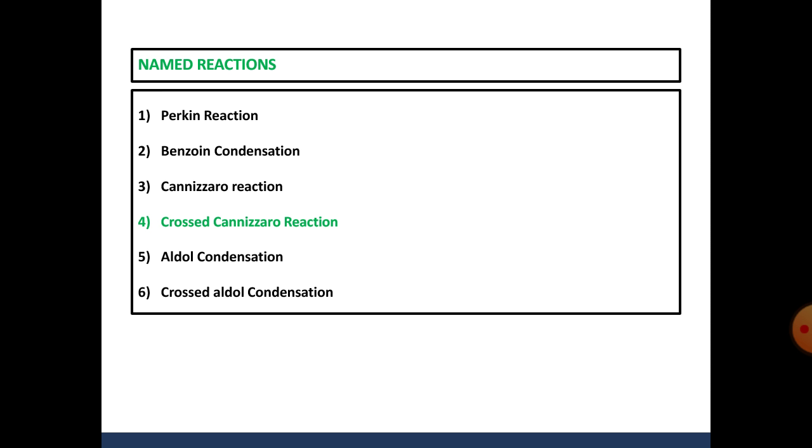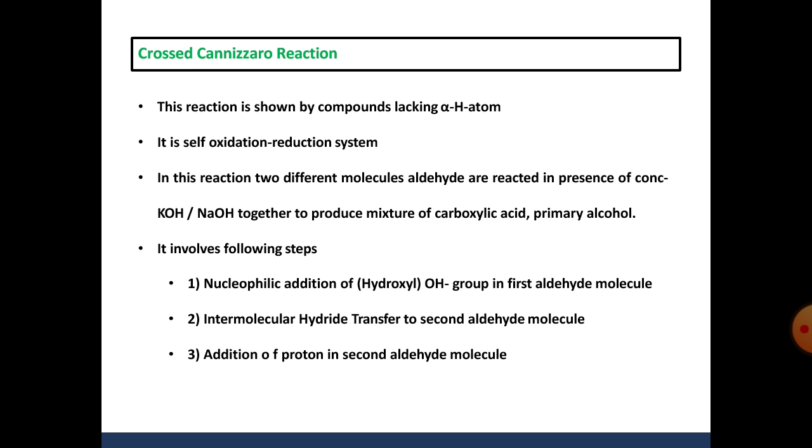Now we'll move towards the crossed Cannizzaro reaction. There is only one difference: in the first reaction, we took the same molecule of aldehyde, so both molecules of benzaldehyde undergo the Cannizzaro reaction. But in the crossed Cannizzaro, two different molecules of aldehyde react in the presence of a strong base.